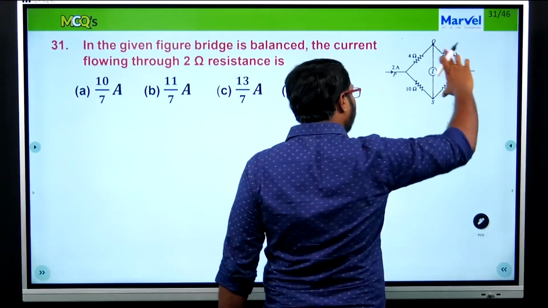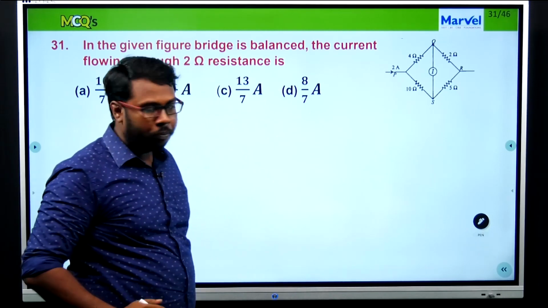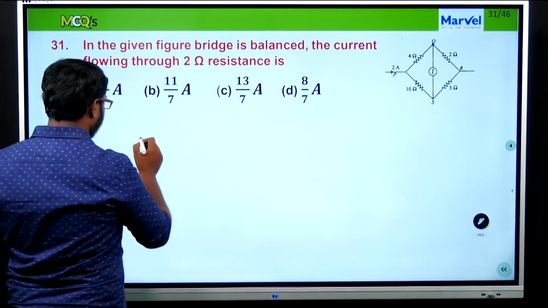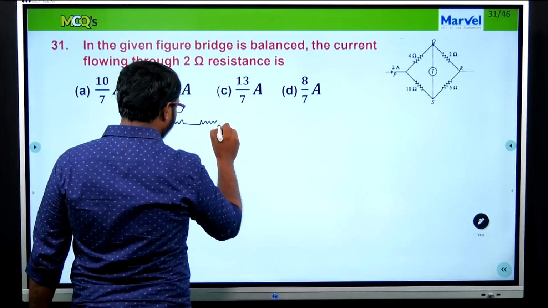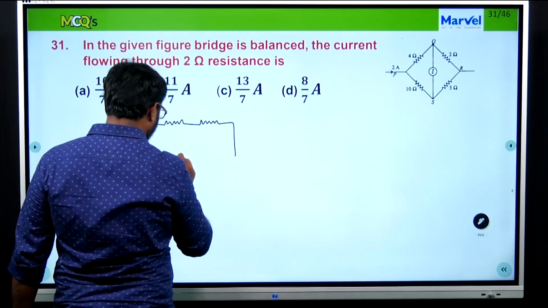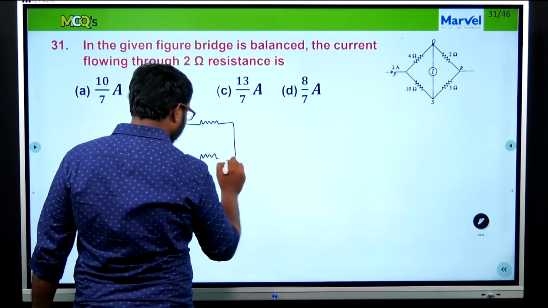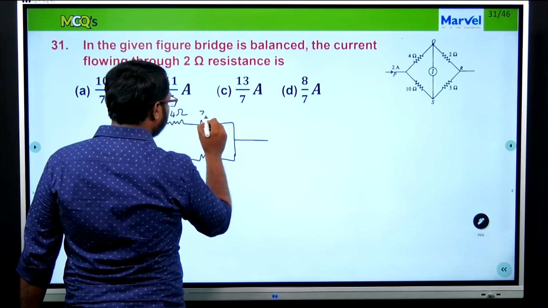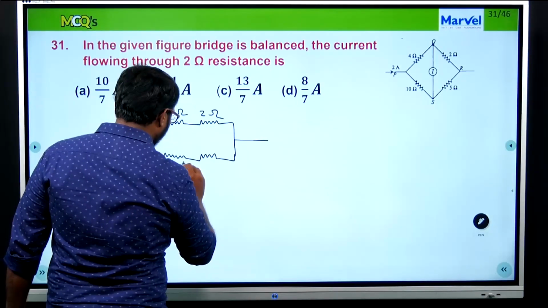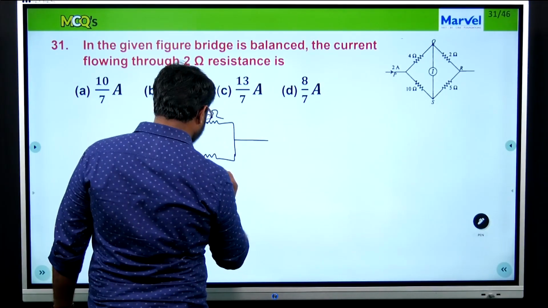I have the liberty to remove the whole segment at the middle. I will redraw the entire circuit again. See. So this is the way I will reconstruct the entire circuit, and this is 4 ohm and this is 2 ohm, this is 10 ohms and this is 5 ohms.